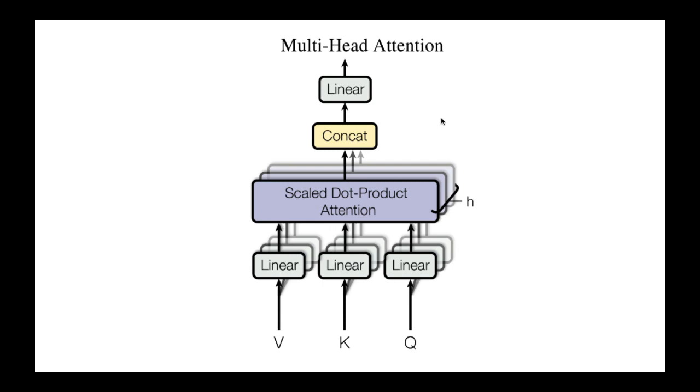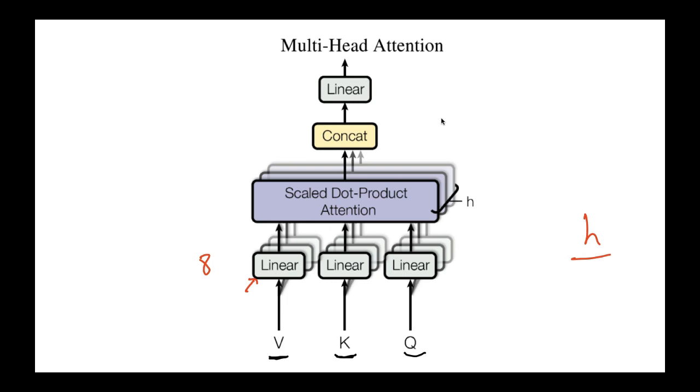Okay, so this is a better illustration of multi-head attention. You have value, key, and query. Then you have the linear projection layer, which is added in this paper's specific transformer architecture. Your number of heads is H, and you can change it to whatever number you like.